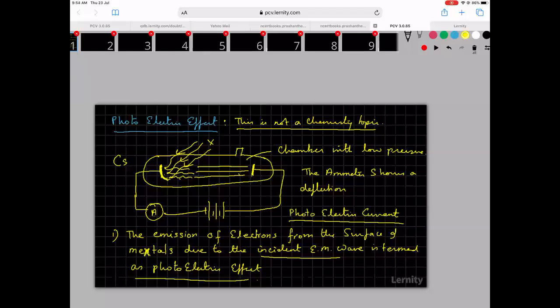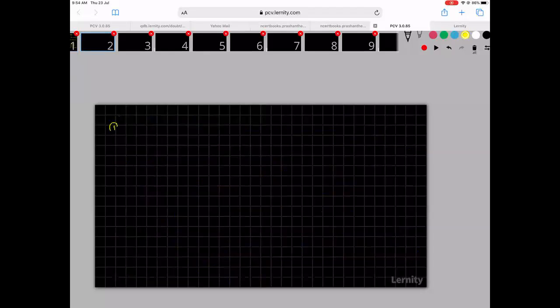Now there are certain observations. First observation, that photocurrent starts the very instant light is incident.